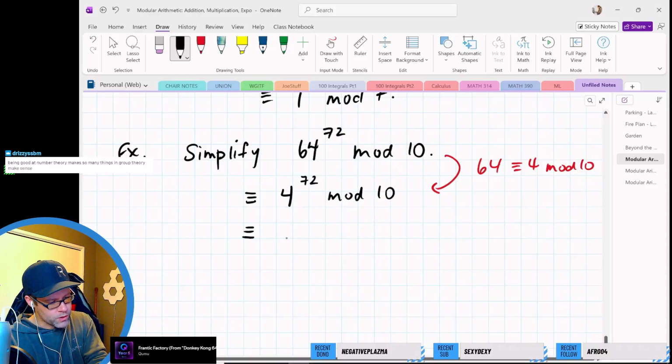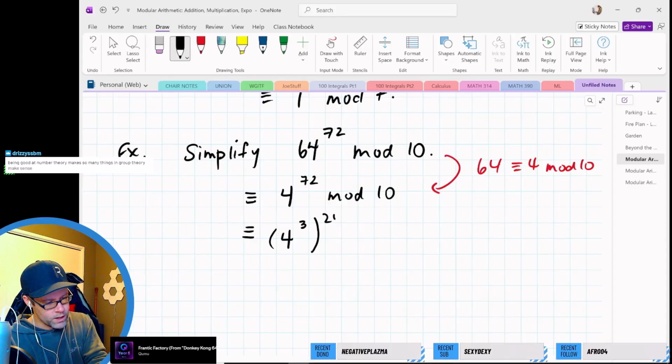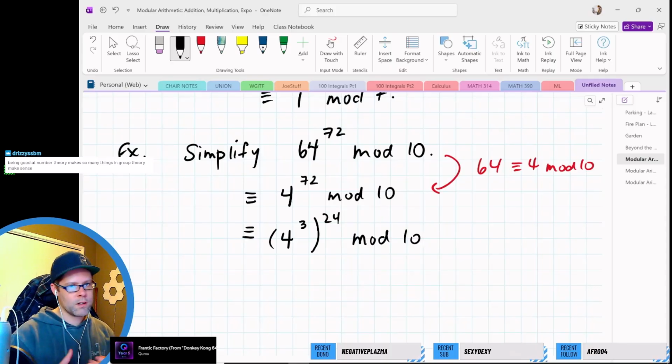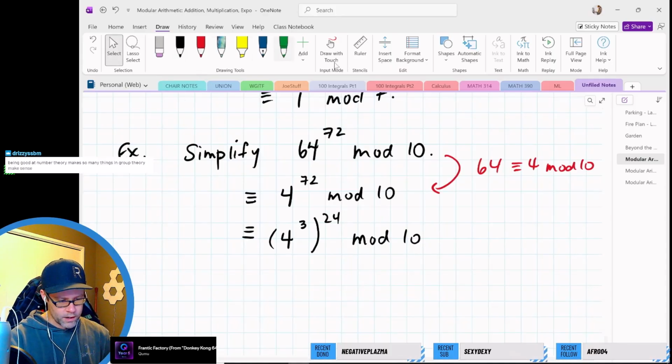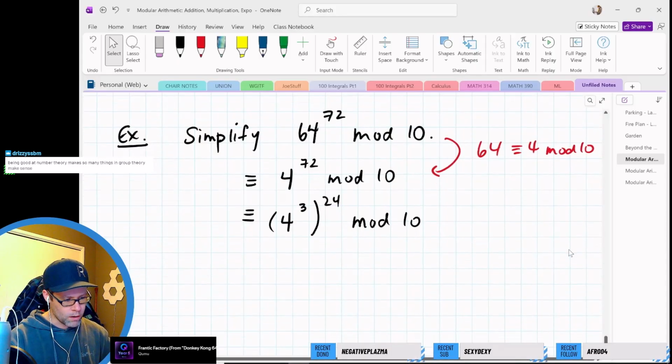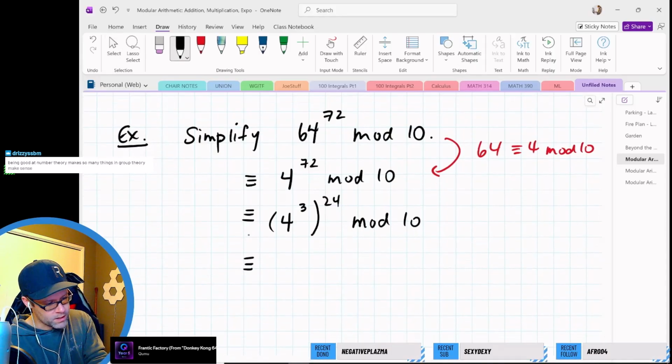Now I'm just going to do some regrouping. 72 can be broken up into 24 times 3. You could choose some other base. I just happen to know that 4 to the power of 3 is 64. So that allows me to repeat this process a couple of times.